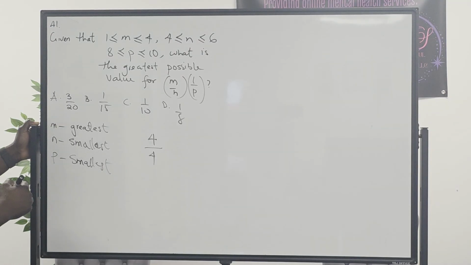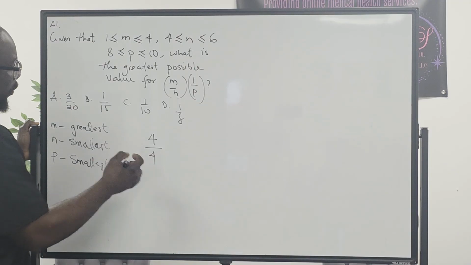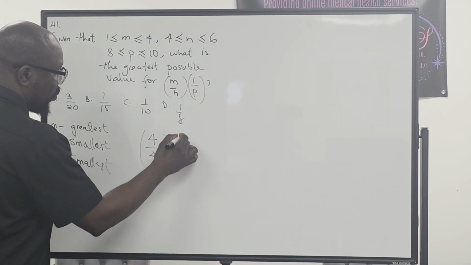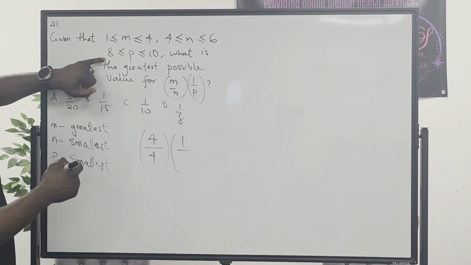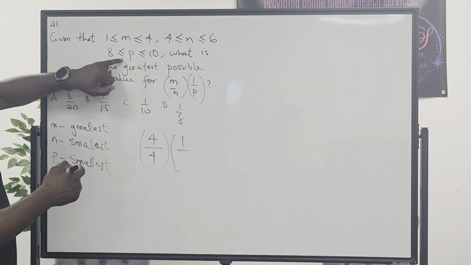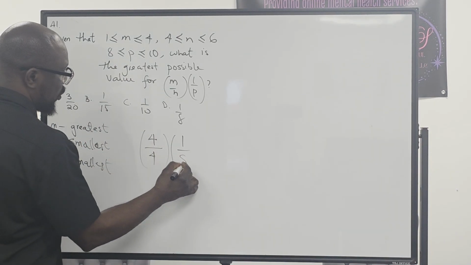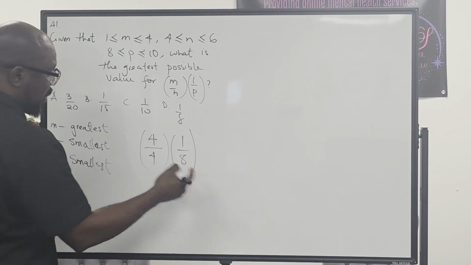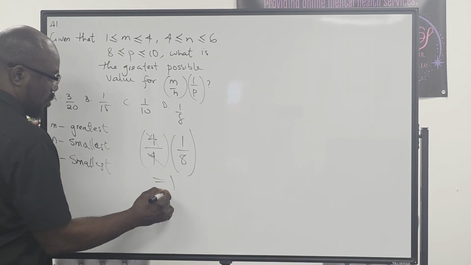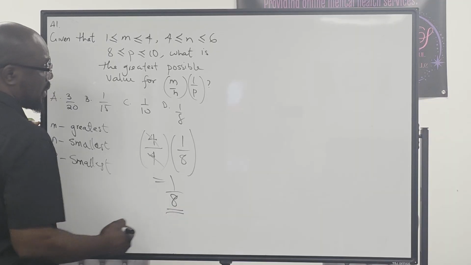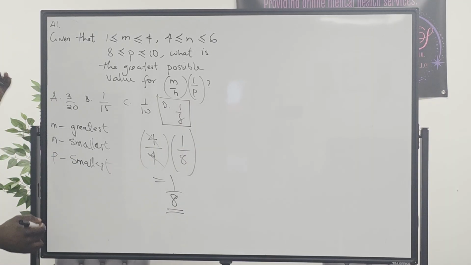And for 1 over p, we want the smallest p. 8 is less than or equal to p, so the smallest number of p is going to be 8. So now we can solve these, and our answer is going to be 1 over 8. So the answer is D, 1 over 8.